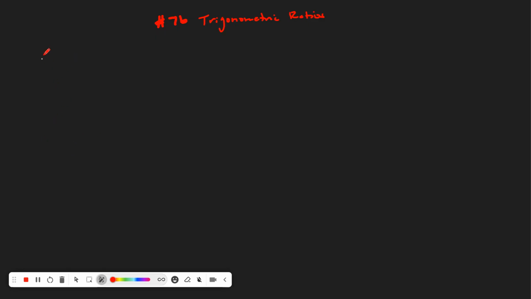All right, so the first example here, I'll do it in red. Identify the trig ratios for angle U. And here's our picture. We have a right triangle.